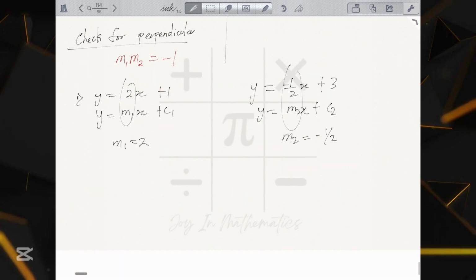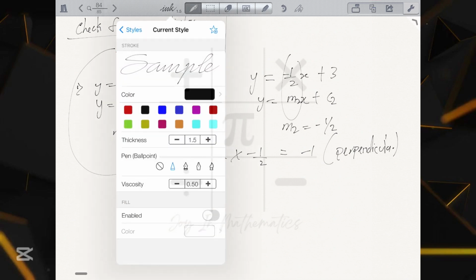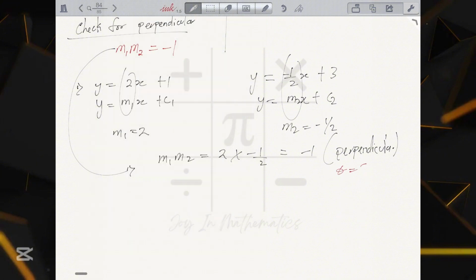So with this, we can check for perpendicularity such that m1 m2 is equal to 2 multiplied by -1 over 2, and this will give us -1. So with this, we know that the lines are perpendicular. We don't really need to solve further. I will just know that the angle theta here is equal to 90 degrees.